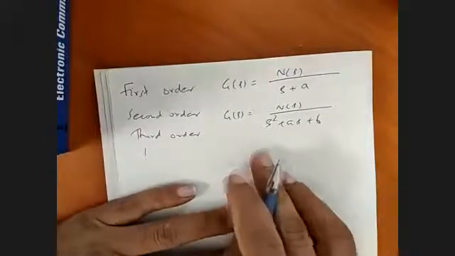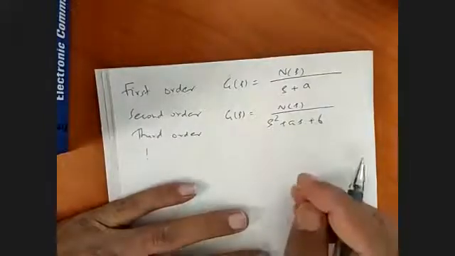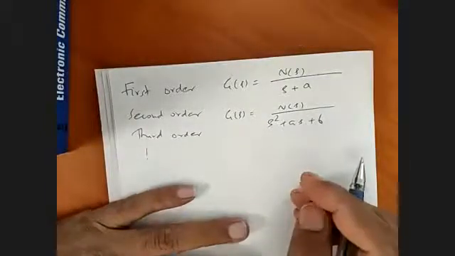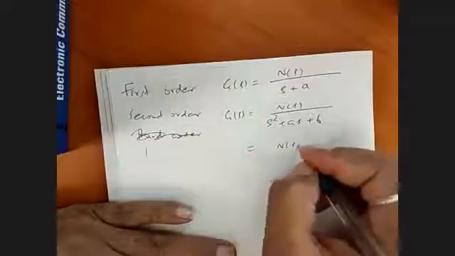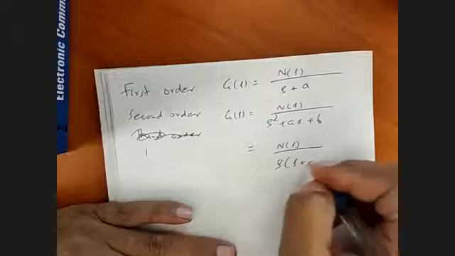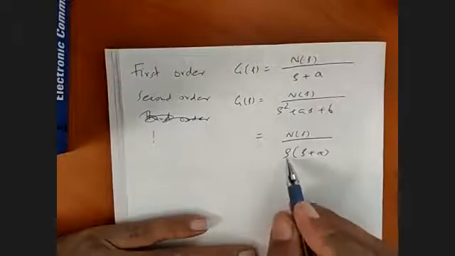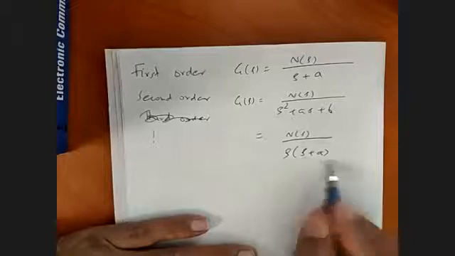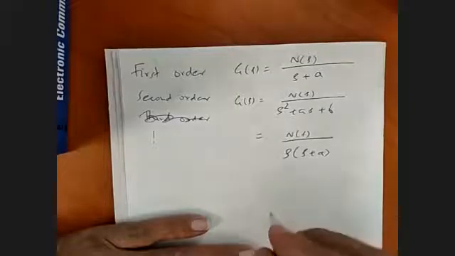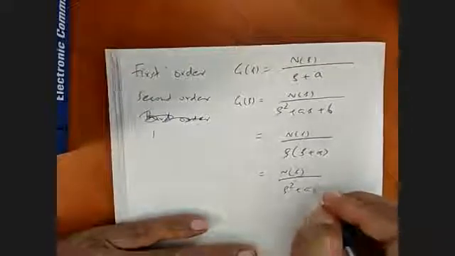So this is a second order system. To find out the order of the system, we have to first multiply all the terms which are given in the denominator. Like we have N(s) upon s plus a. Here s has power 1, so this will become a first order system. You have to multiply all the terms and then you find N(s) upon s square plus as.